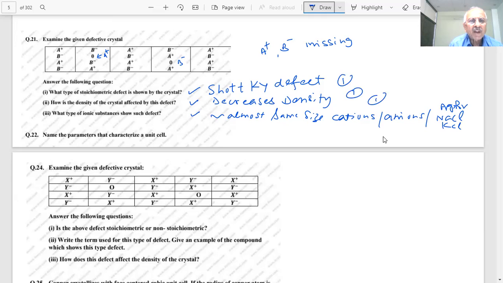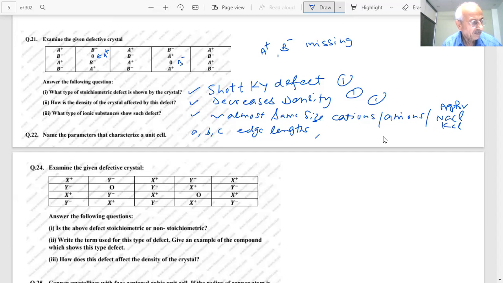Name the parameters that characterize a unit cell. A, B, C, and alpha, beta, gamma. What do you mean by A, B, C, alpha, beta, gamma? A, B, C are the dimensions along the three edges, which may or may not be perpendicular. Six parameters were given, student.